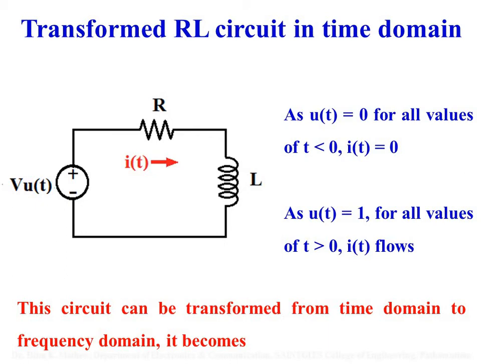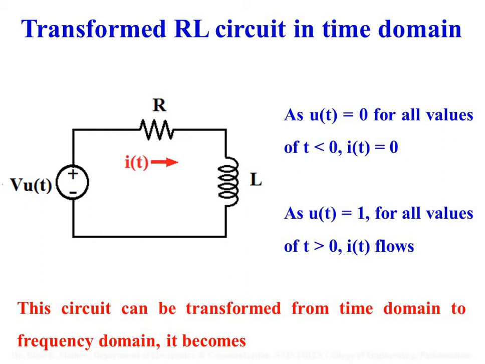As u of t is equal to 0 for all values of t less than 0, I of t is equal to 0, and as u of t is equal to 1 for all values of t greater than 0, I of t flows. So this is the given diagram.